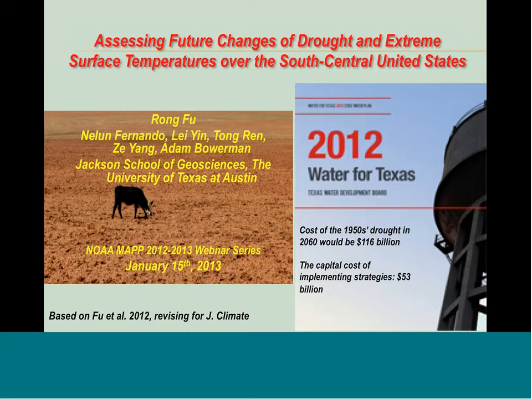So in this case, reliable climate information is very important for state water management to convince state legislators and the voters that their plan is based on sound climate information, especially in terms of future drought.